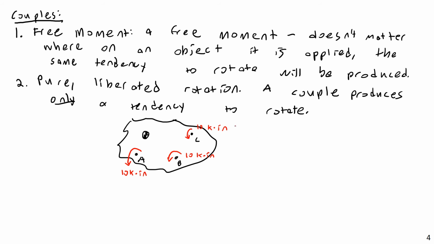And by rotational tendency, I mean, of course, that if this thing were floating in space, it would start to accelerate, and it would start to rotate about its axis.